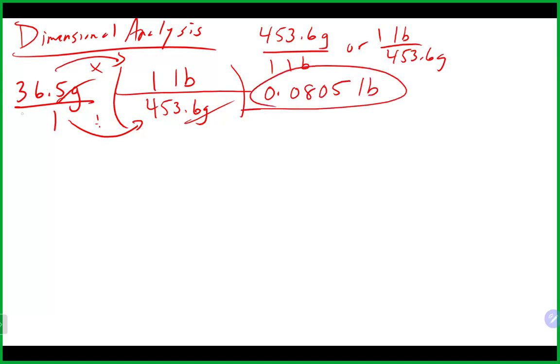Sig figs wise, remember this guy here has 3 significant figures. They call that an exact number here. So remember, we have exact numbers and measured numbers. Exact numbers are our definitions, or they are things that are counted. And when we do calculations that involve exact numbers, we don't worry about the significant figures in there.